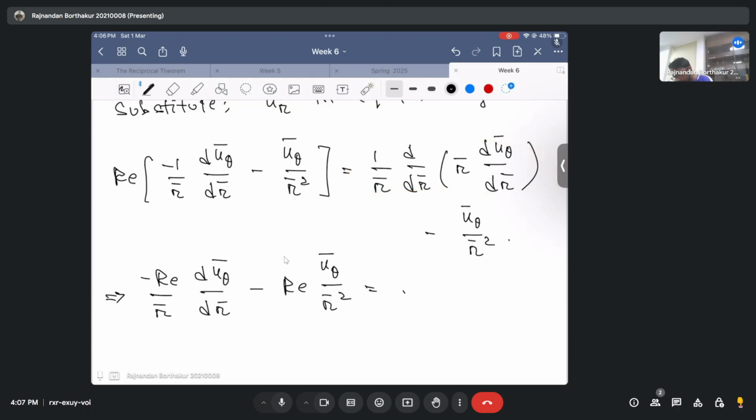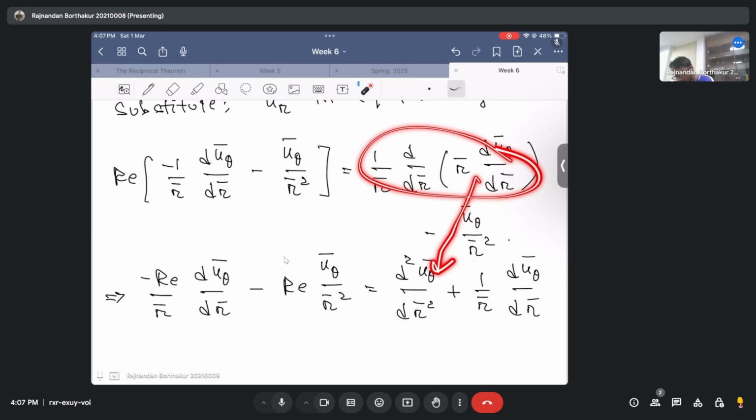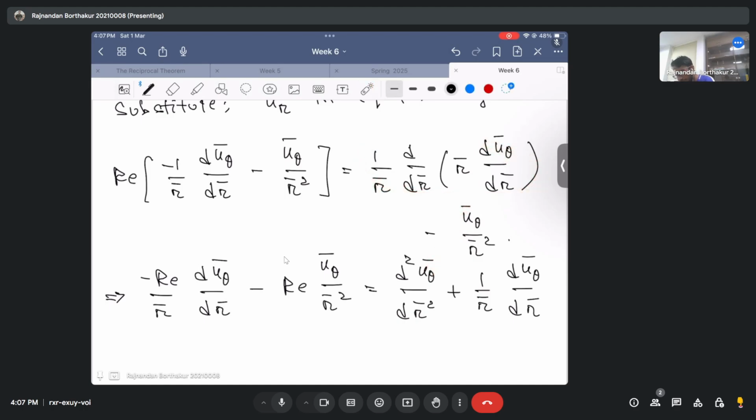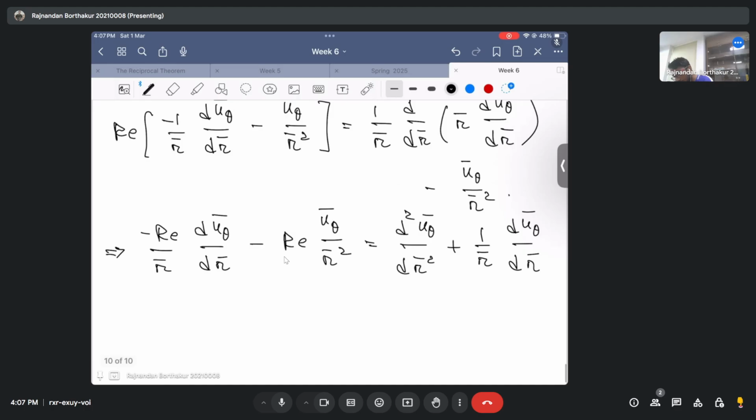If I do that, I'll get d2 u theta bar by dr bar squared plus 1 upon r bar d u theta bar by dr bar. I think I'm on the right track. If you apply the product rule here, you will basically get this only, and I hope the algebra is correct here. Minus u theta bar by r bar squared.